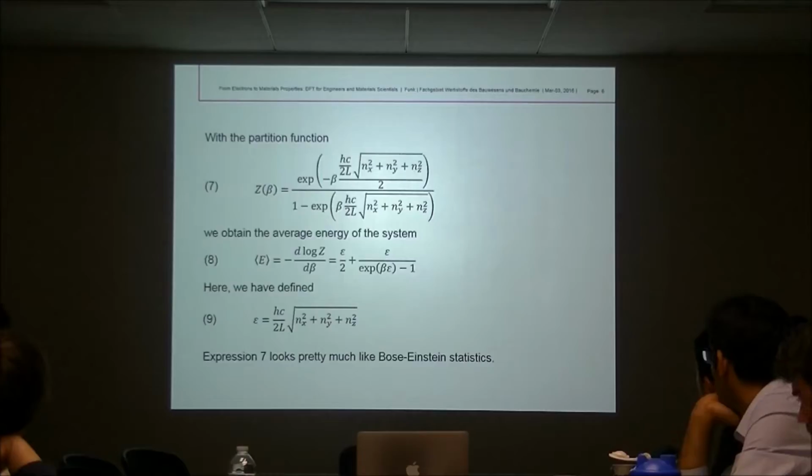And if we are there, we can ask ourselves, what is the average energy of the system? The expectation value is what it is called in quantum mechanics, but we just call it the average. Well, we have a partition function, so we can go straight forward. Derive by temperature.